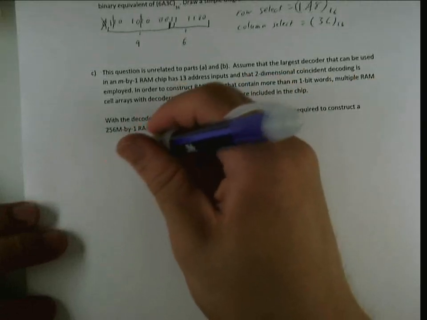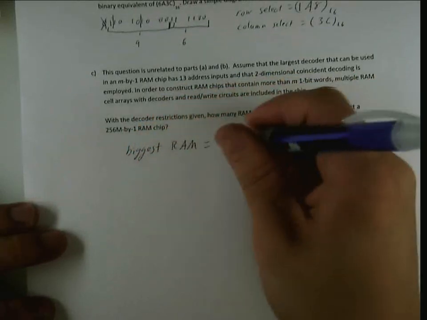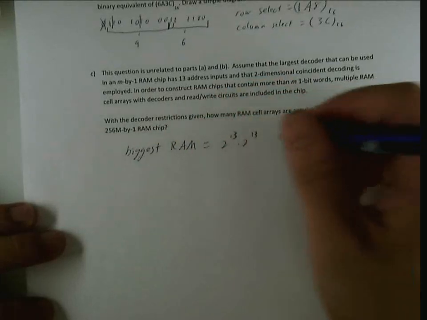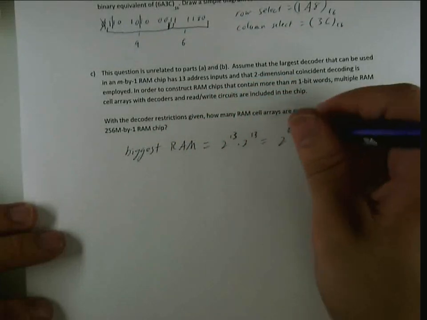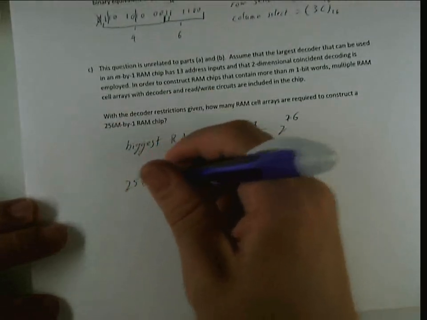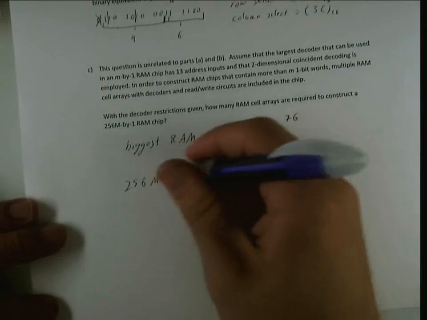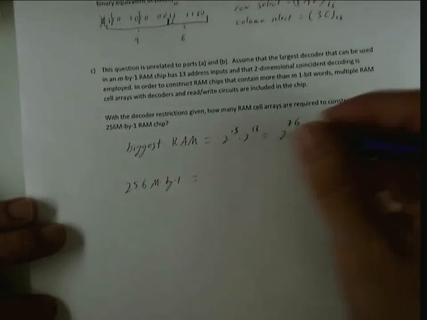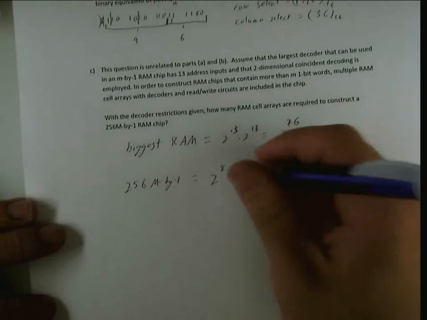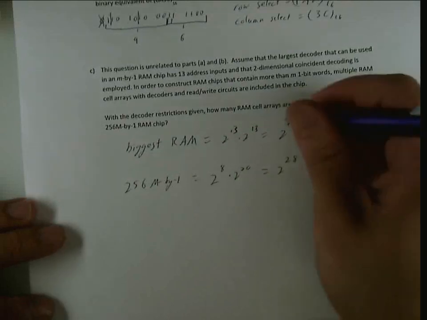So the biggest RAM we can create equals 2 to the 13th times 2 to the 13th address lines, which is equal to 2 to the 26th. We want to implement a 256 meg by 1, so this is going to equal 2 to the 8th times 2 to the 20th, which is 2 to the 28th.